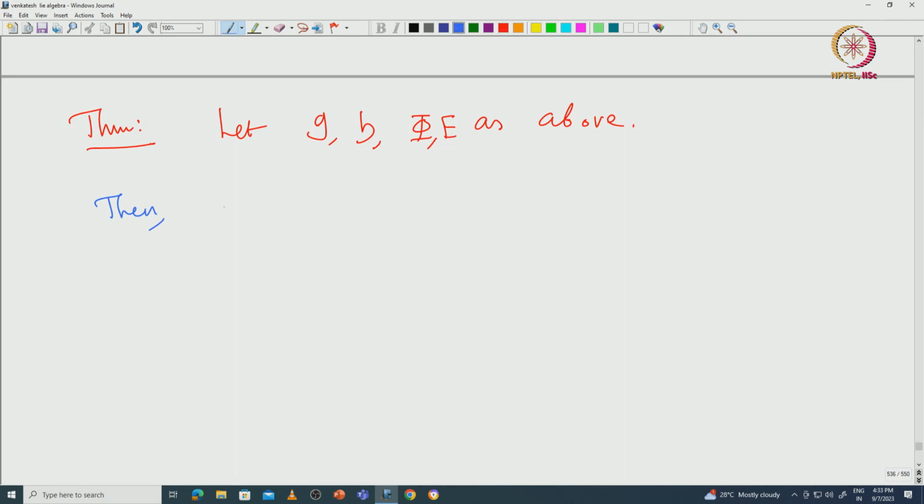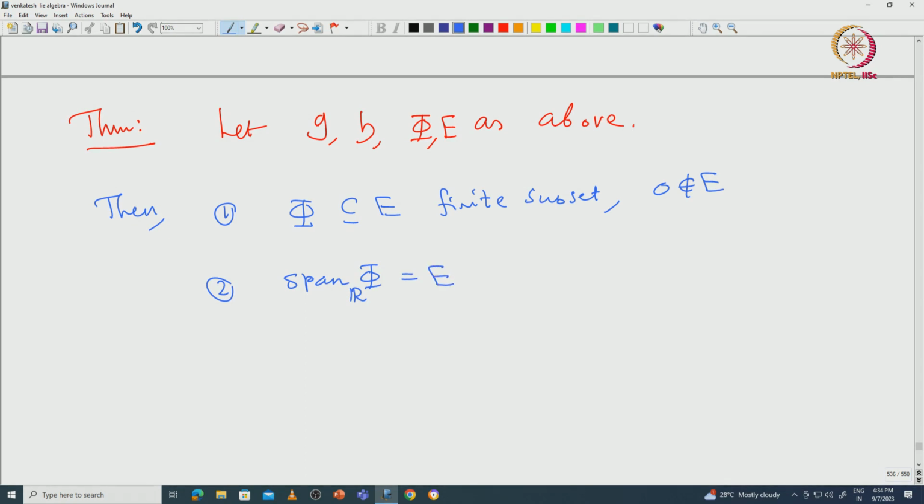So, what we observed? We observed that this phi is a finite subset of this E, and 0 is not in phi. So, these properties are there. The second property: the span of this phi over the reals is exactly equal to E. The third property: if alpha is in phi, then minus alpha is also in phi.